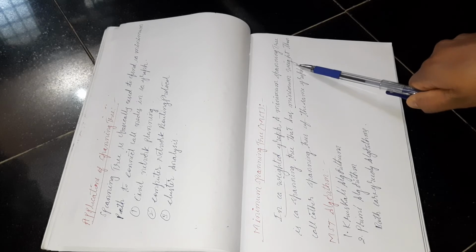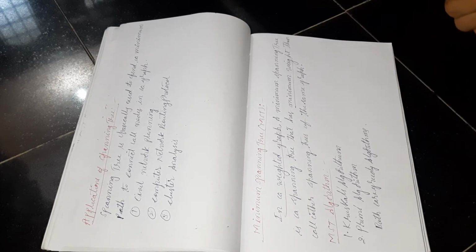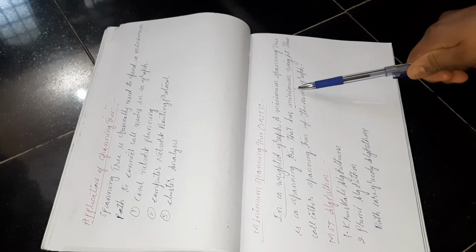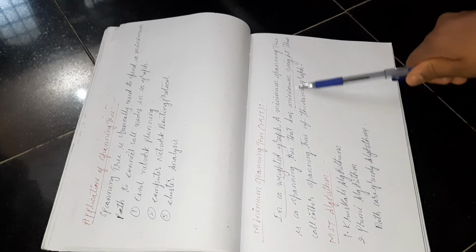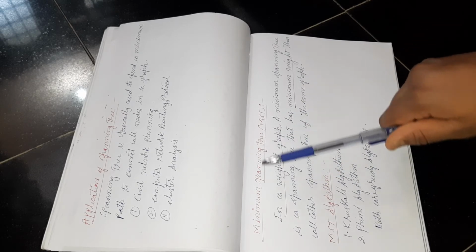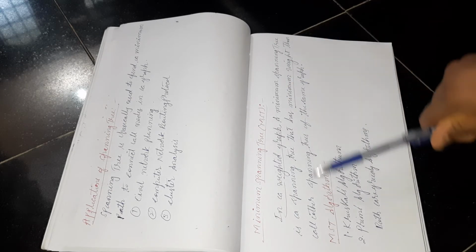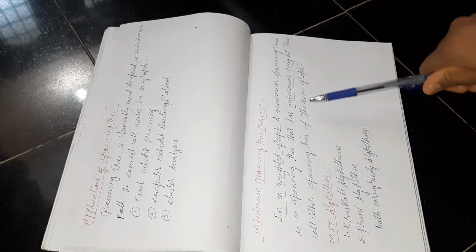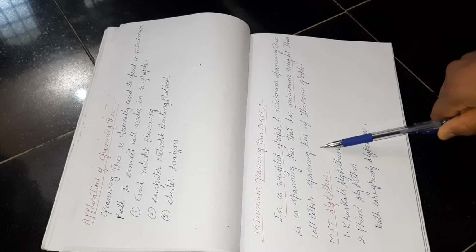We already saw we can have any number of spanning trees. When a spanning tree has minimum weight compared to all other spanning trees of the same graph, that is called a minimum spanning tree.